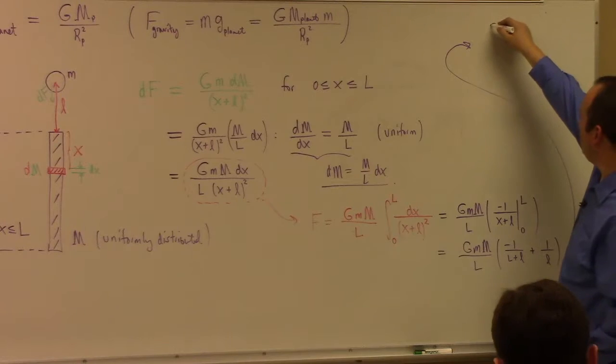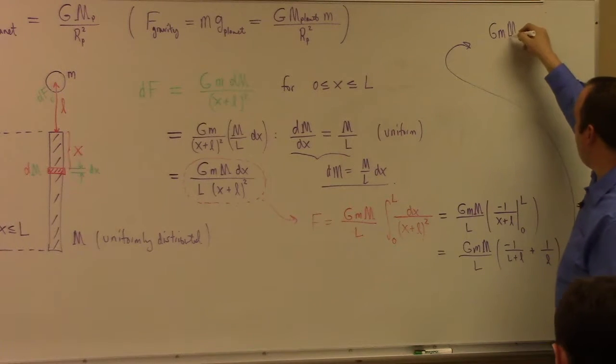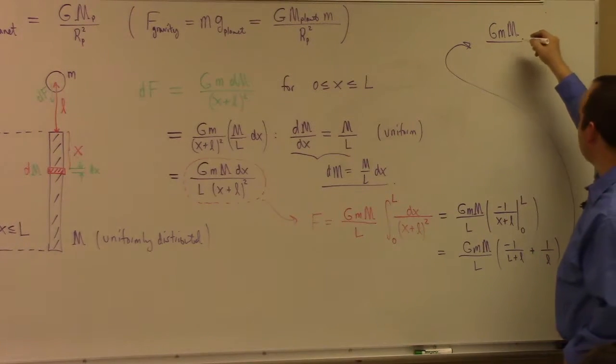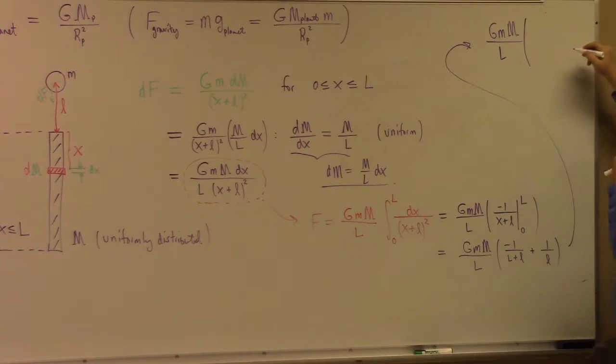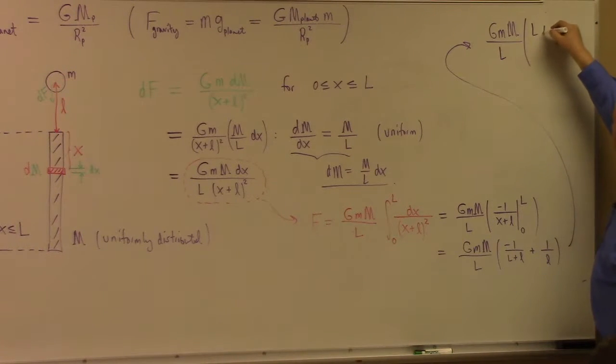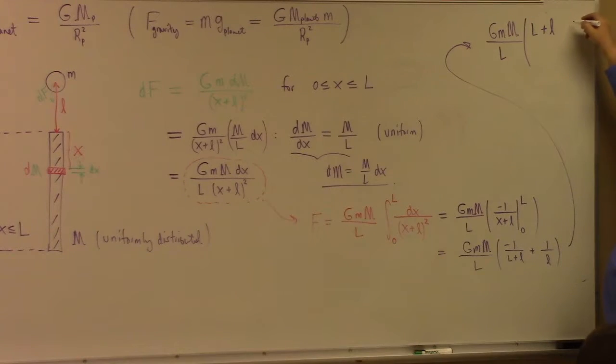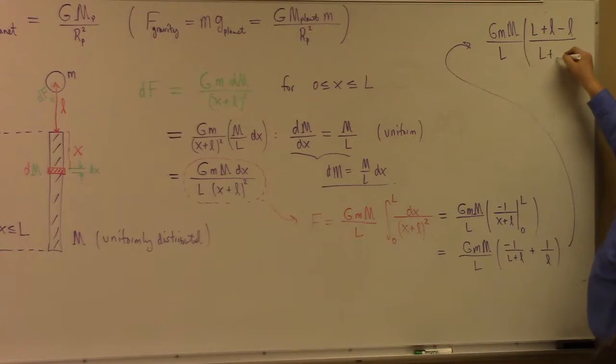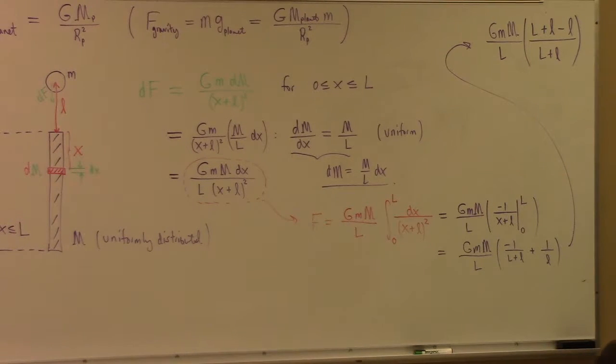So what we've got is G M over L, and then if you make a common denominator here, what do you get? You get L plus little l minus little l over L plus L, times L, making a common denominator. The L's cancel. Which L's? Both of them do.